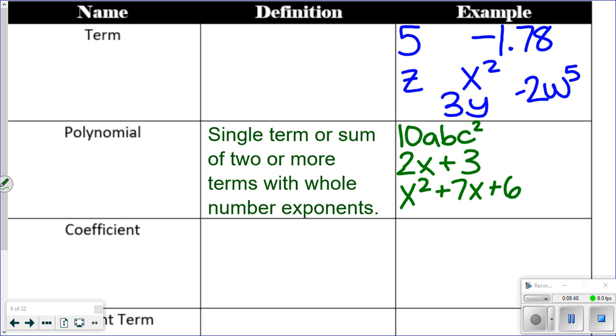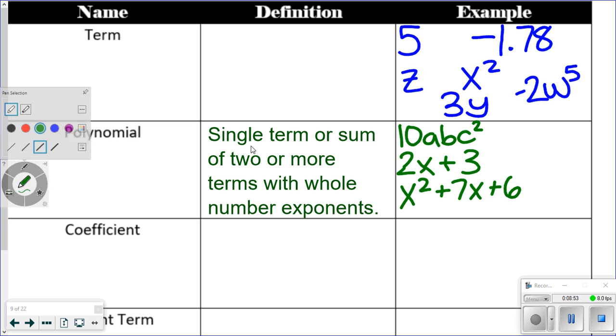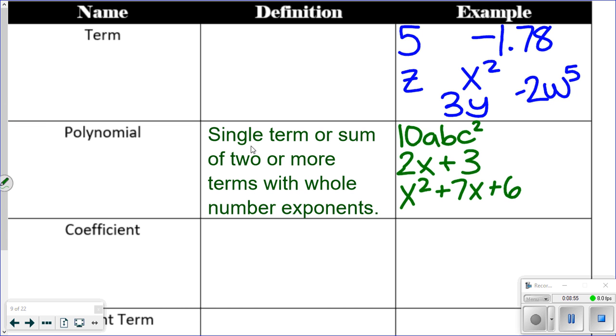That works. Or I could do something with 4 terms. 4x cubed minus 3x squared plus 2x minus 8. So all of these are examples of a polynomial. So the terms put together make up polynomials.